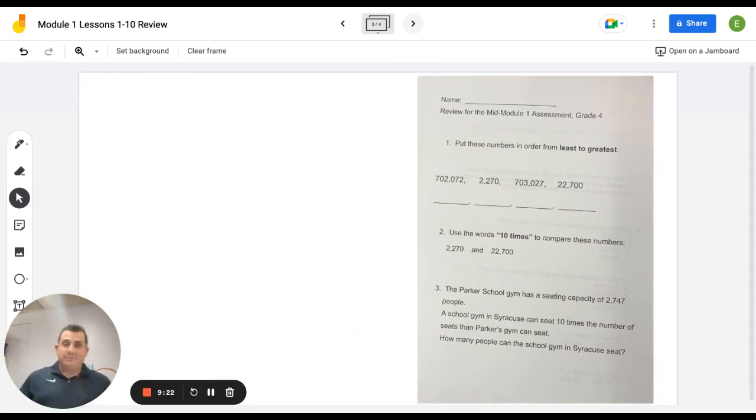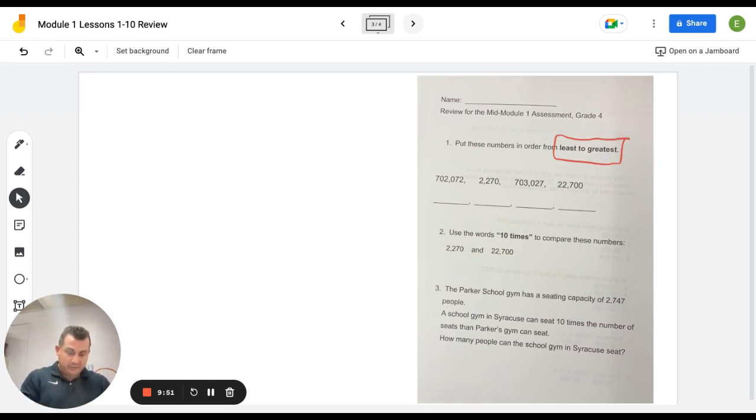What I would do is take out a place value chart and write these 4 numbers on top of each other. If you can't just look at it, put them in order from least to greatest. Make sure you know you're going from least to greatest and not from greatest to least.